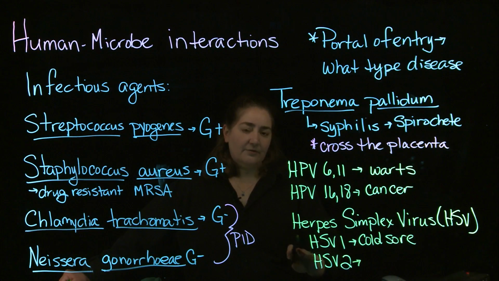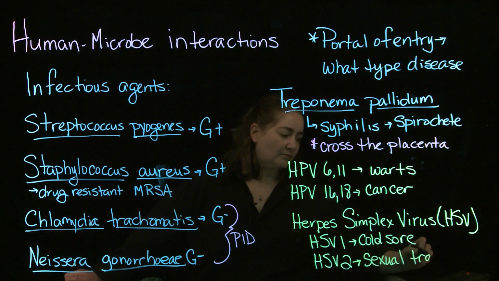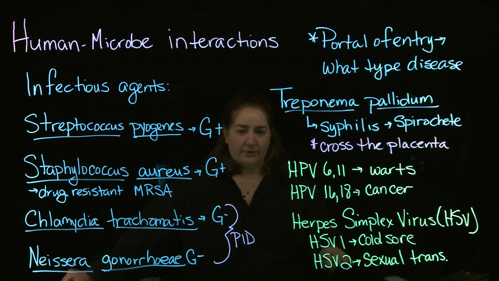Herpes simplex virus 2 is going to be the sexually transmitted virus. Again, it causes the cold sore-like blisters that you see similar to HSV-1.